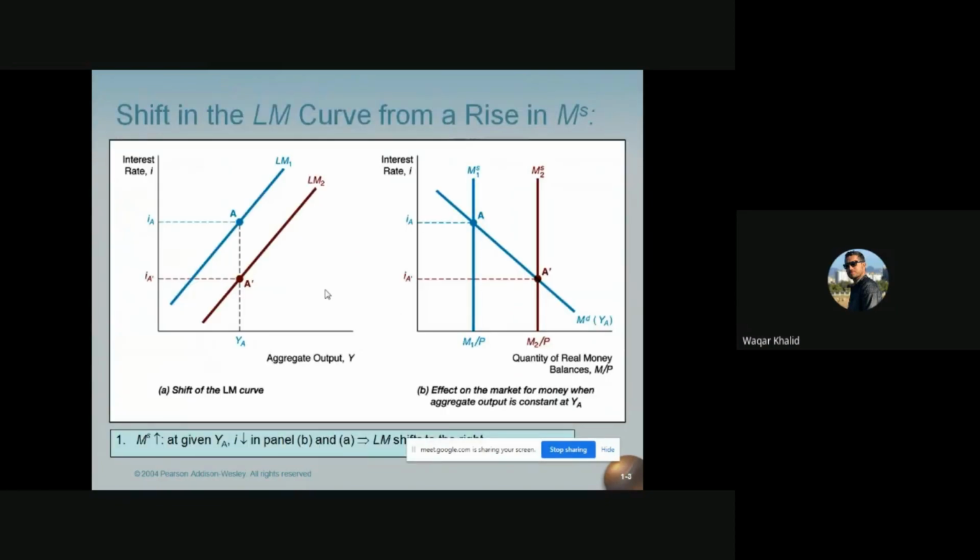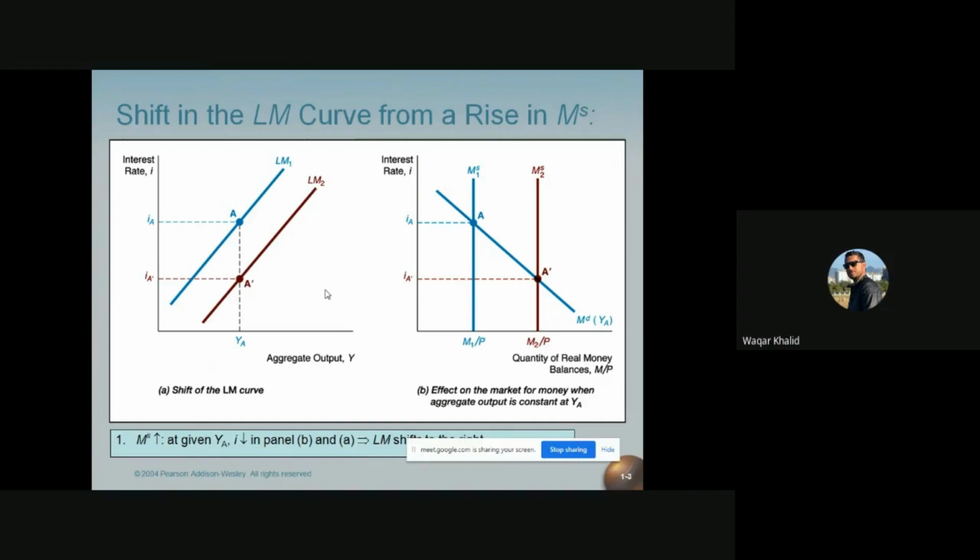Now, let me talk about those factors that cause the LM curve to shift. As you know, the LM curve describes the equilibrium points in the market for money, that is, the combinations of aggregate output and interest rate for which the quantity of money demanded equals the quantity of money supplied.